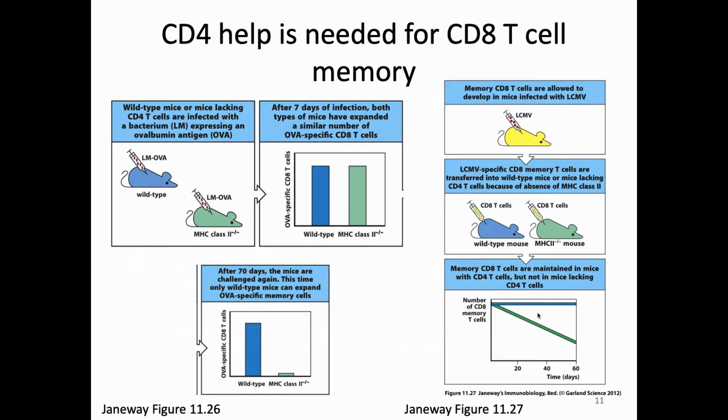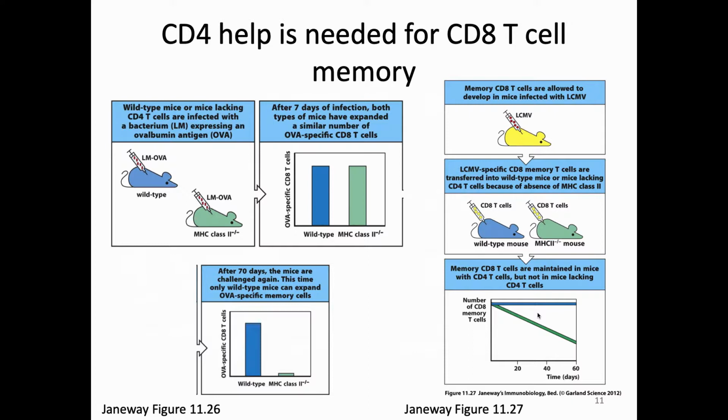This was also done in another experiment with a different pathogen, this time a virus called LCMV. In this case, CD8 cells that responded to LCMV were transferred into different mice, either wild-type mice or, again, our class II deficient mice that had no CD4 cells.